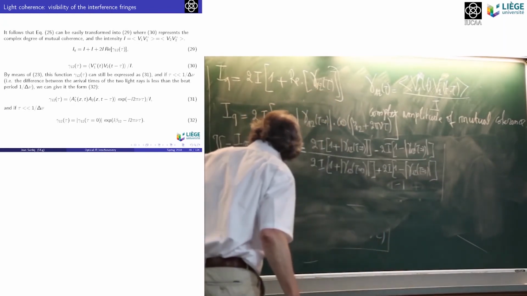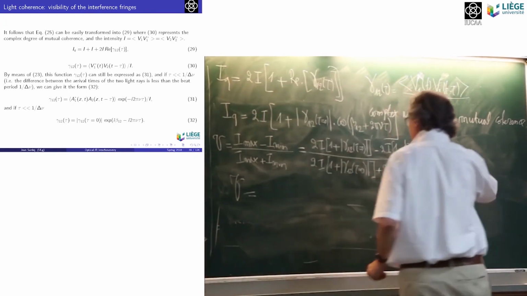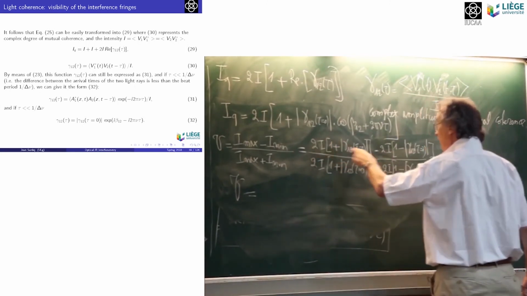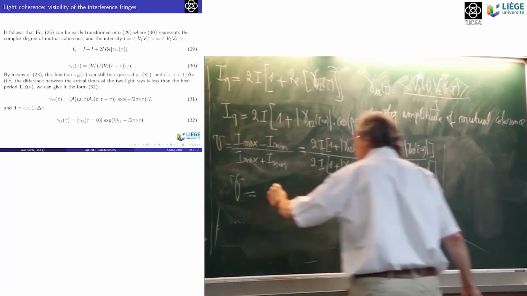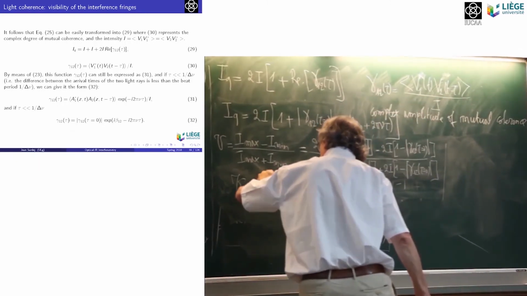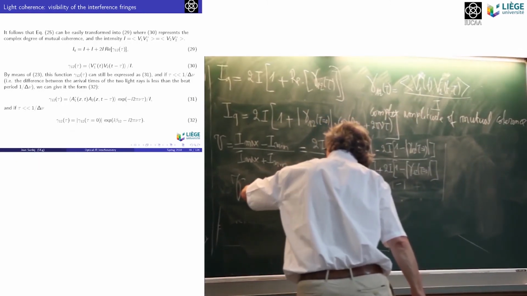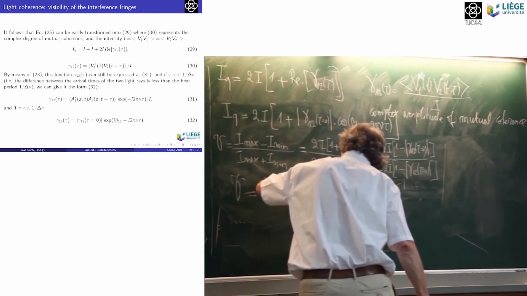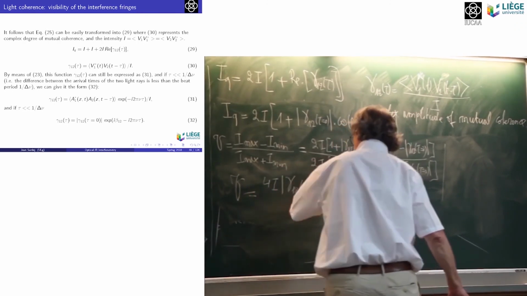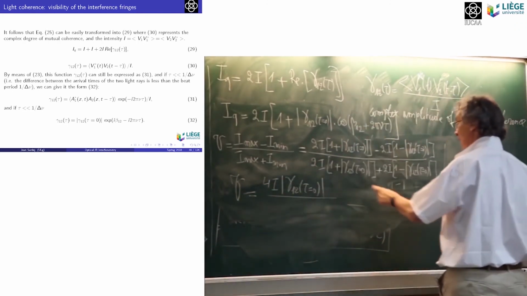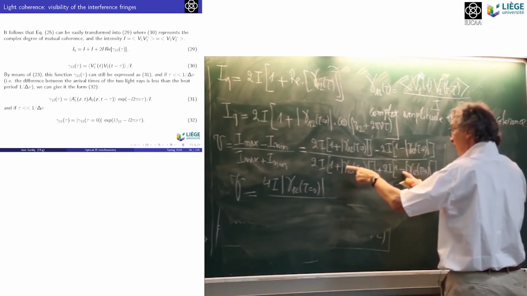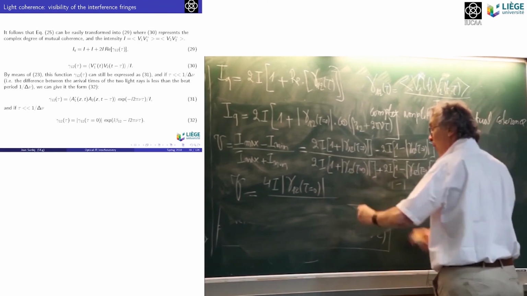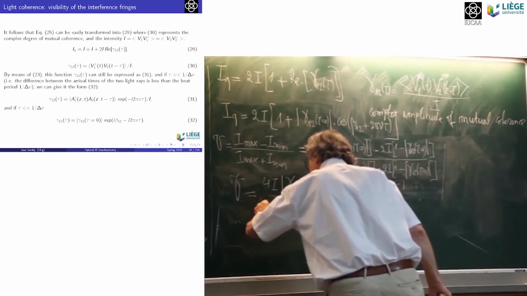So it means that the visibility will be equal to what? It's easy. 2i and 2i goes away. So it remains 4i times the module of gamma 1, 2 for tau equals 0, divided by what? Well, here, the module of gamma 1, 2 goes away, because here I have a plus and here a minus. So what remains is 4i.